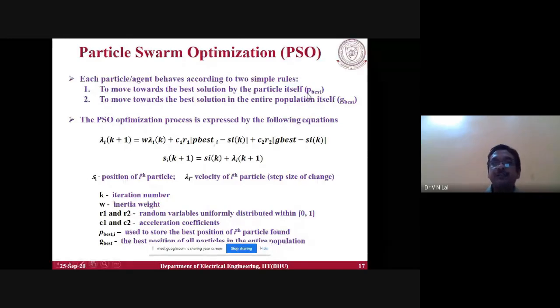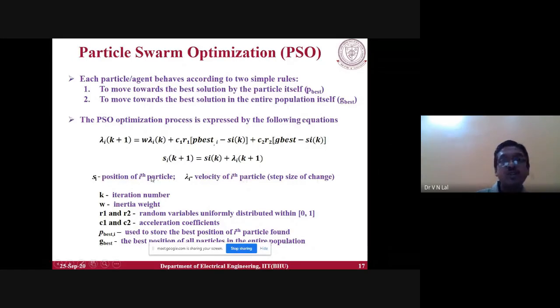According to the P best and G best, the experience of the individual and the experience of the whole group, the velocity is decided, and according to the velocity, the position is changed. The velocity is basically the step size in the change of the position. So this is expressed by the following two equations.